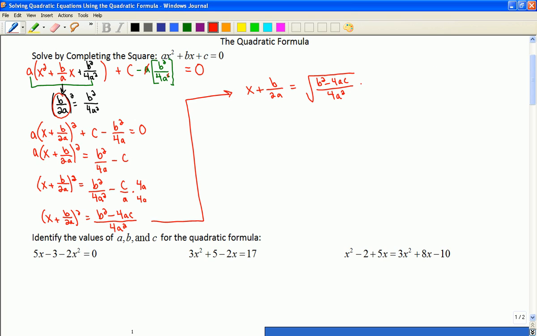I can also simplify this a little bit further. I can make this the square root of b squared minus 4ac over the square root of 4a squared. And this is already a perfect square. This is like 2a all squared. So I can rewrite this one final time here as square root of b squared minus 4ac, and the whole thing is going to be divided by 2a.